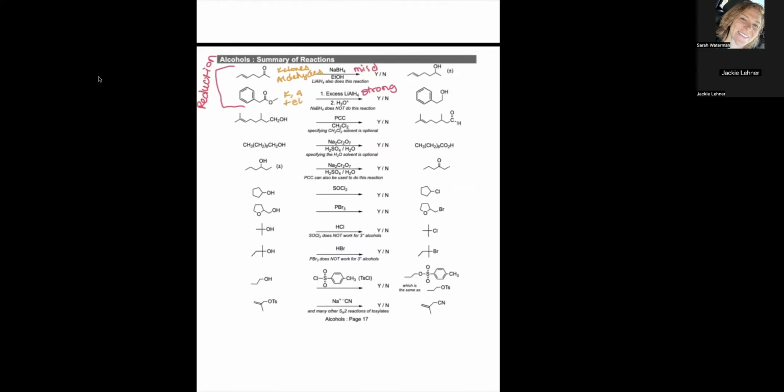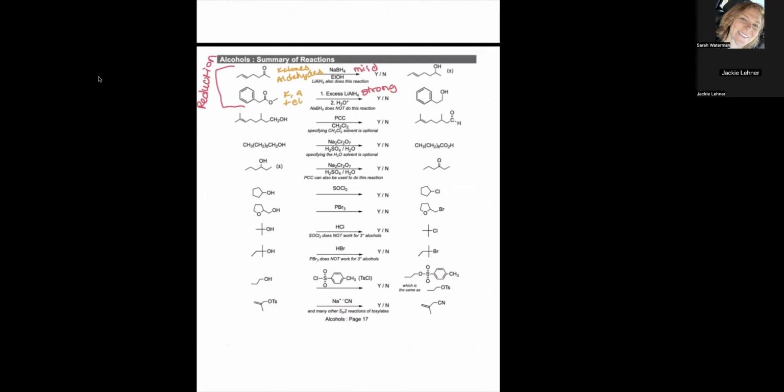Wait, when you say mild and strong, what does that mean exactly? It's their ability to react, like how strong the base is, right? Lithium is stronger in the reactions than sodium is, so it can react with more functional groups, right?